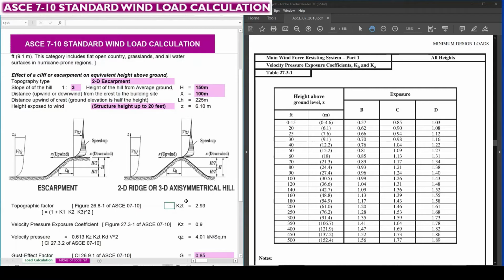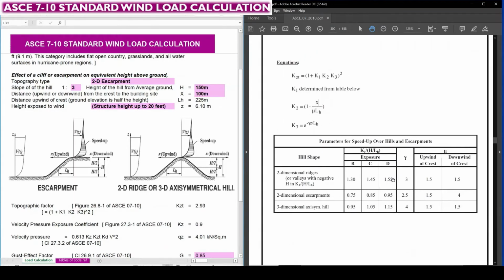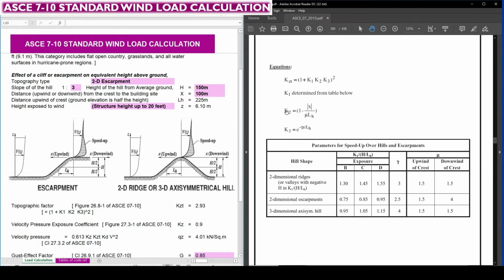Next, we need to find out the K1, K2, K3 multipliers. For that we need to go to page number 300. Here the formula is given to find out the K1, K2, K3.